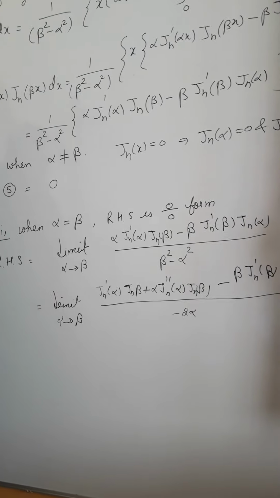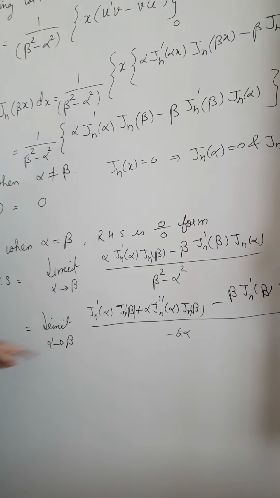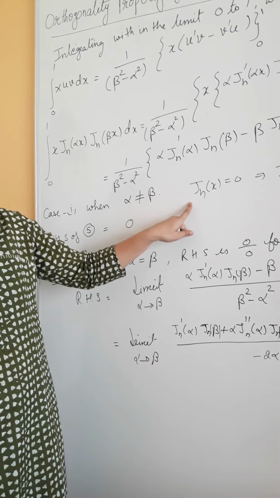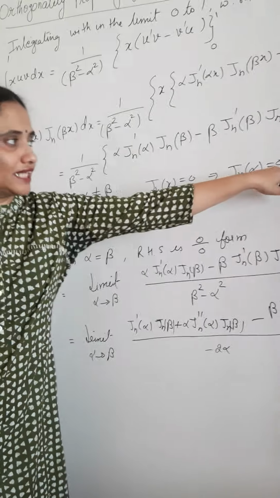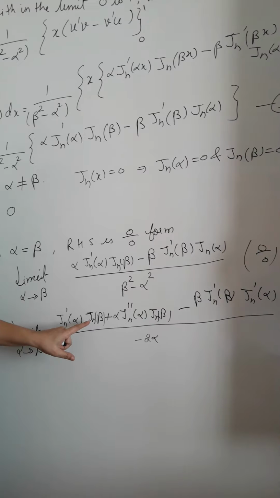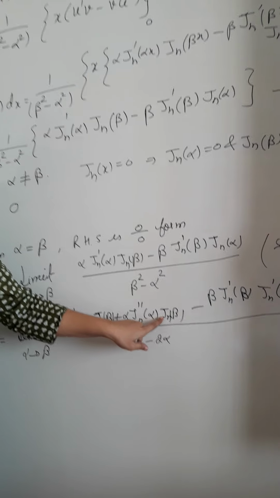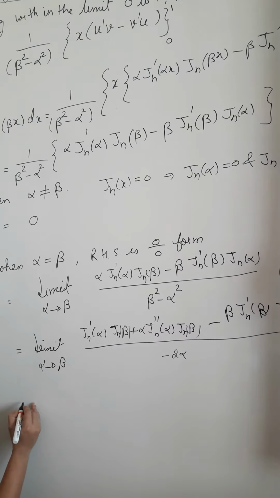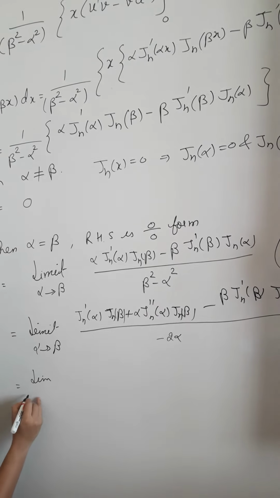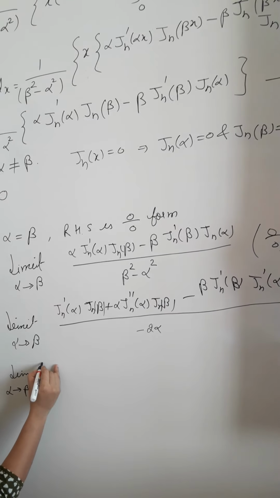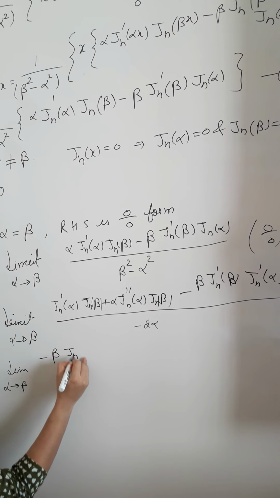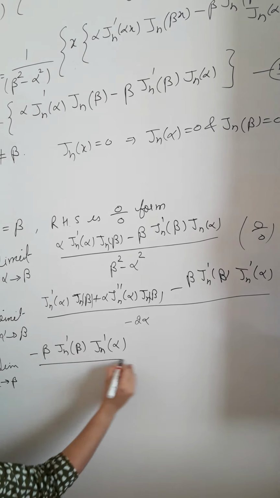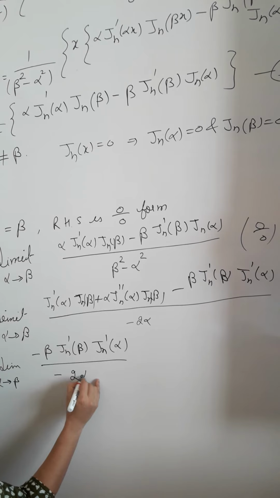Okay. And now you see, what is the value of Jn beta? By the previous property, here only we have proved that Jn beta is 0. So this first term becomes 0, second term becomes 0. So we are left with the last term only. So I can write here limit alpha tends to beta of minus beta Jn dash beta Jn dash alpha divided by minus 2 alpha.